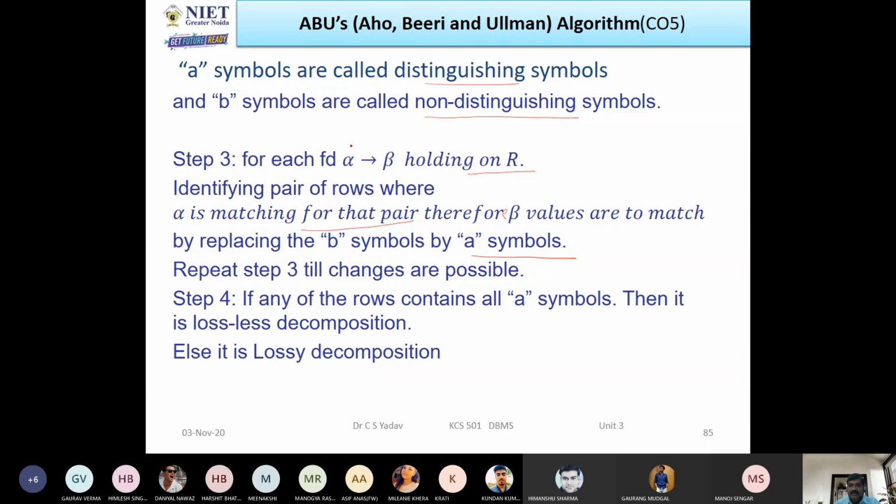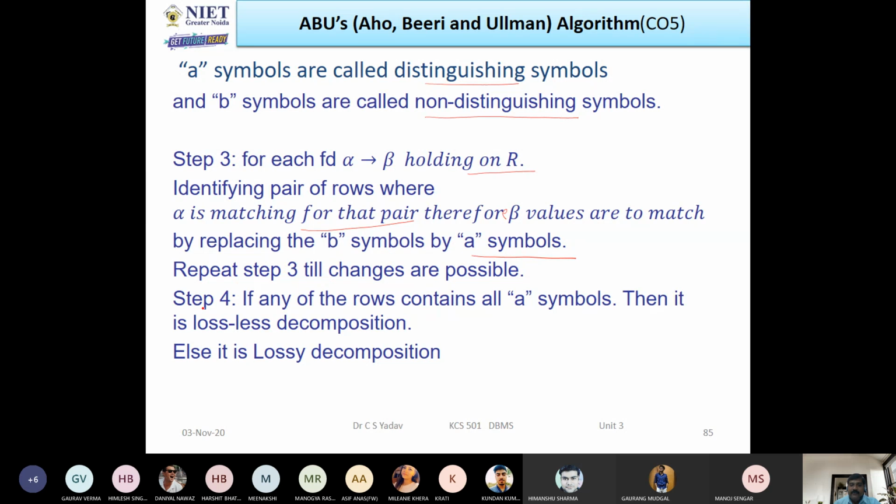If the left hand side matches, then we will match the right hand side also, because as you all know from the definition of functional dependencies, if alpha determines beta, for any tuple pair t1, t2, if they agree on their alpha values, they must agree on their beta values. So by the definition of functional dependencies, we will replace b symbols with a symbols, and we will repeat step 3 till changes are possible. If no changes, then we will stop the process.